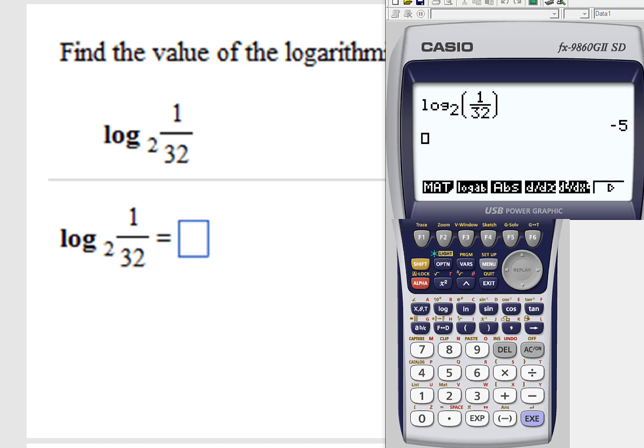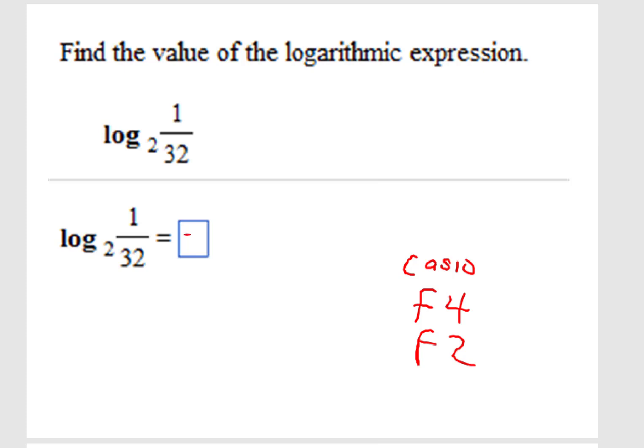Okay, so that's the answer with my calculator, but I want to show you using those properties that we just reviewed. So remember, I want to get the bases the same. So I'm going to rewrite this as log base 2, and I'm like, how can I get a 2 in the mix? I know that I can write 32 expressed as an exponent with a base of 2. This would be a time when you can use your handout that shows some of the exponential values.